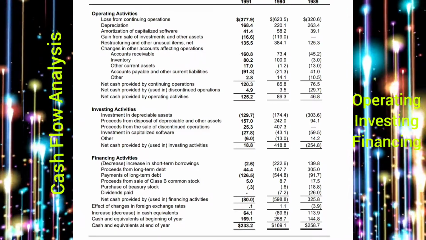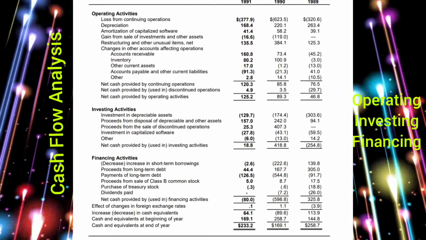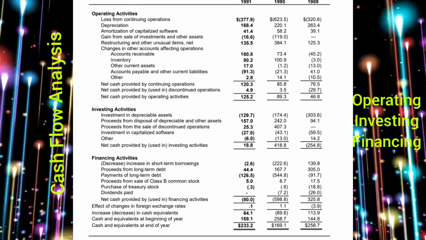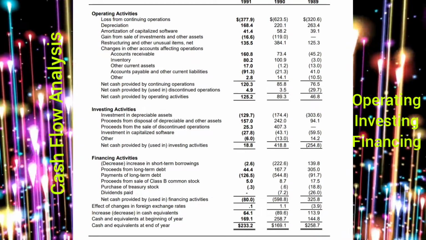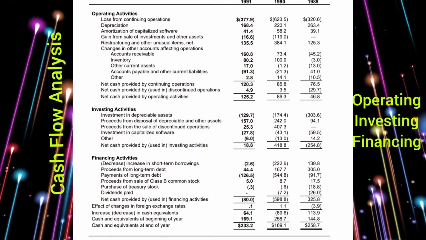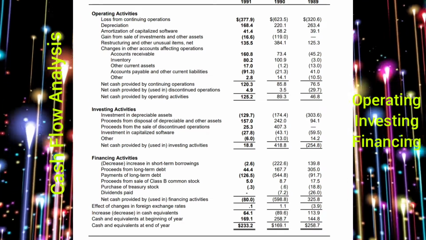Again, in 1989, the major sources are long-term debt, short-term debt, disposal of the assets, and operations. The major uses of the cash in 1989 are capital expenditure and repayment of the long-term debt.